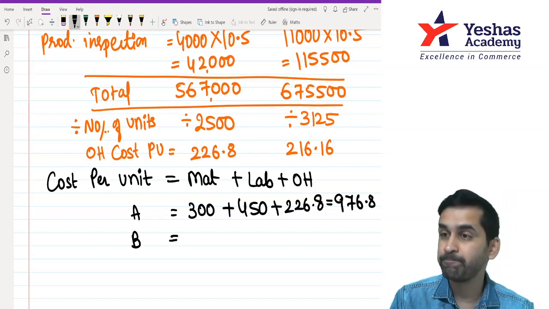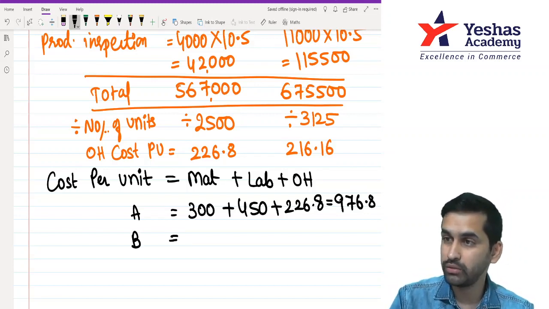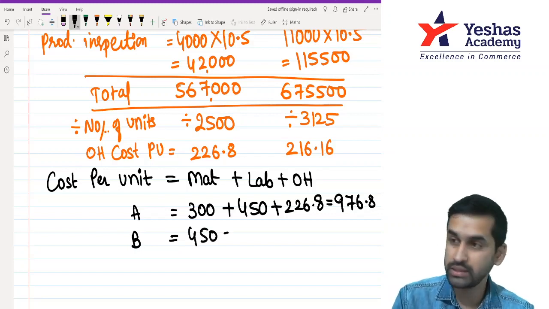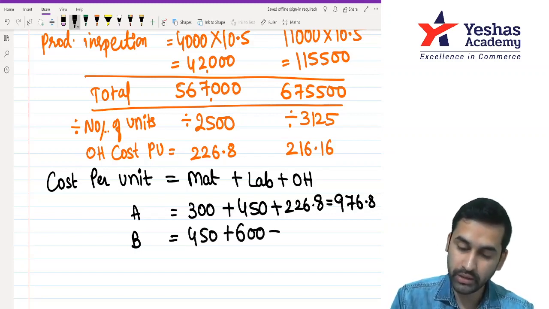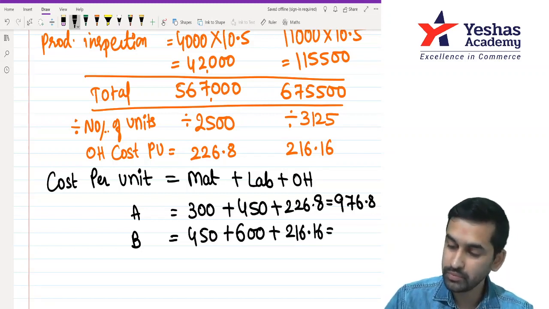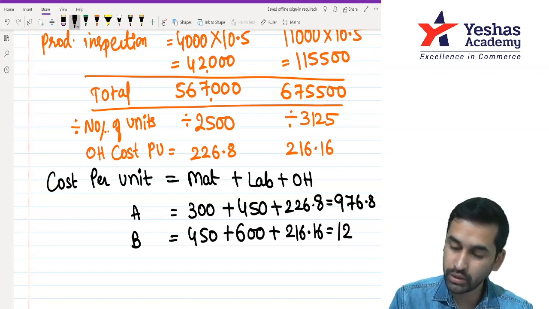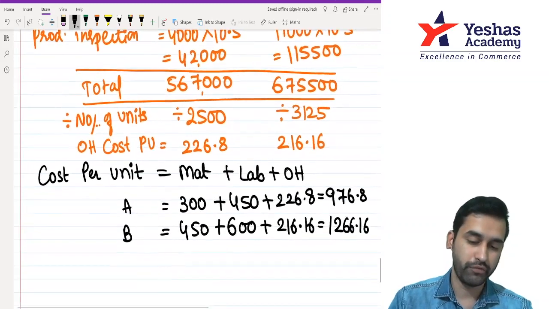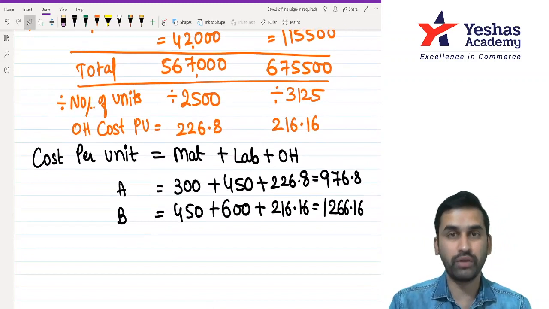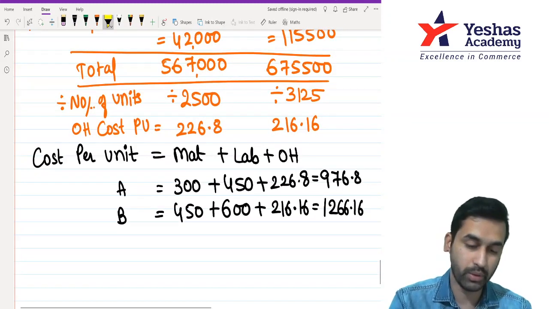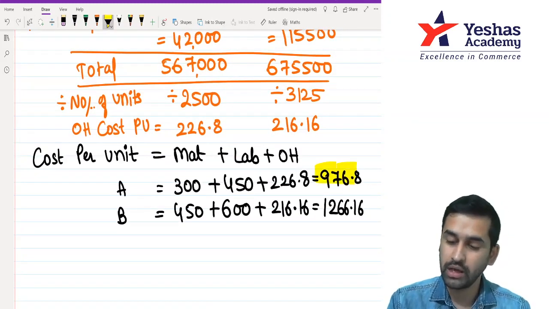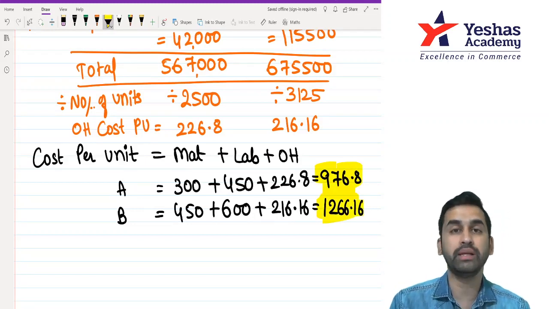For B, material is 450, labor 600 and overhead 216.16. 450 plus 600 plus 216.16 is 1,266.16. If you have a rounding difference, that's okay. So this is your final answer under activity based costing.